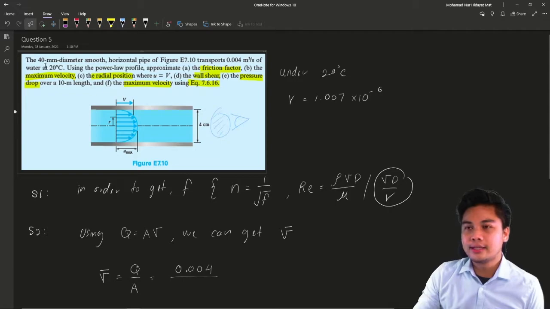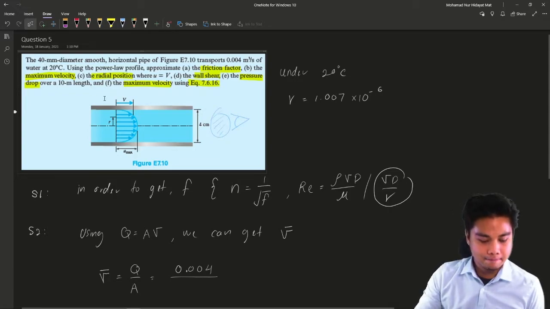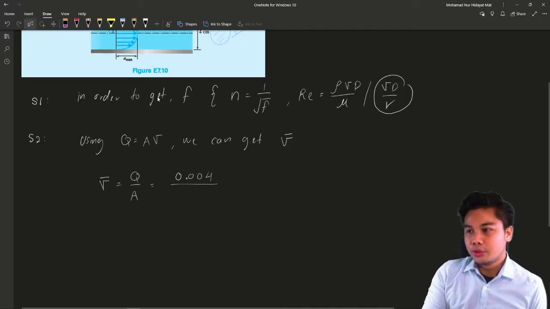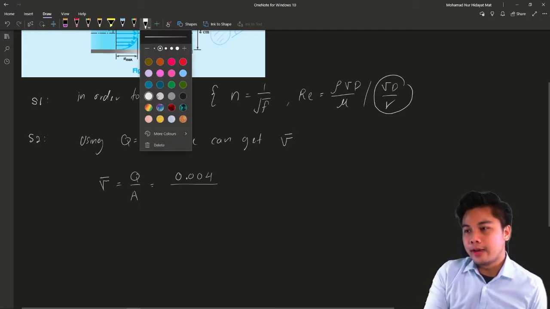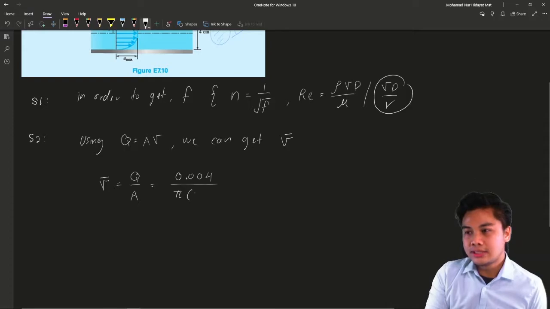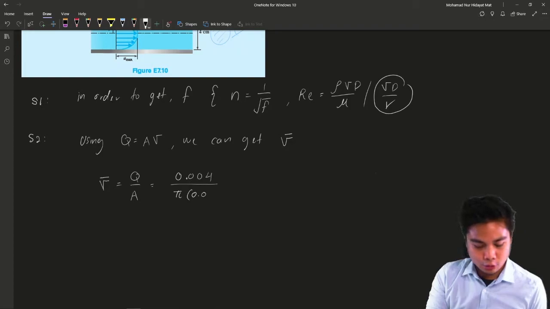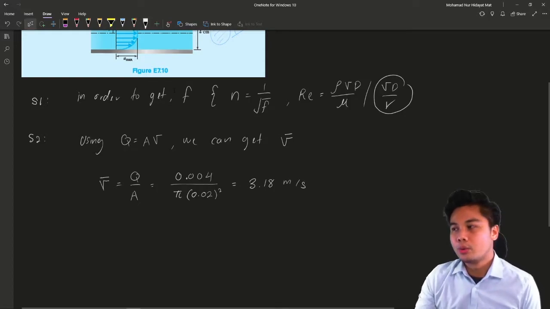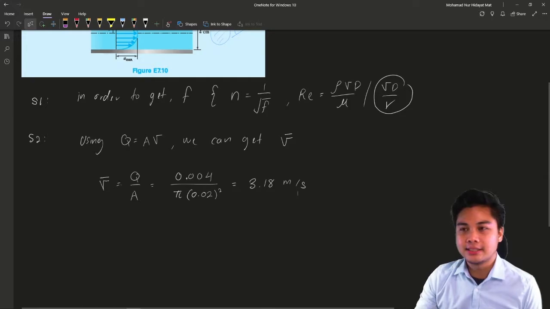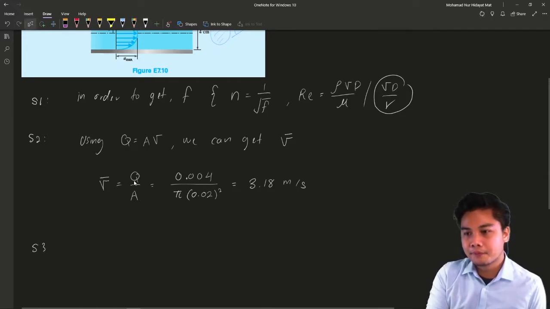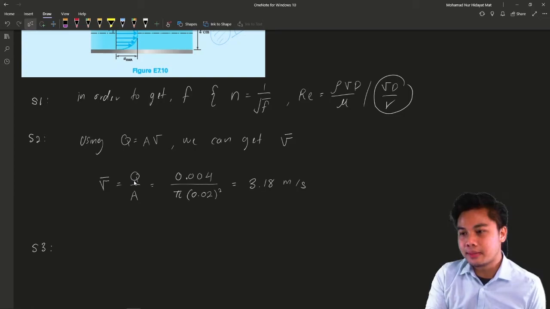We use the radius, which is 20 millimeter, converted into meter, 0.02, squared. So you will get the average velocity of 3.18 meter per second.